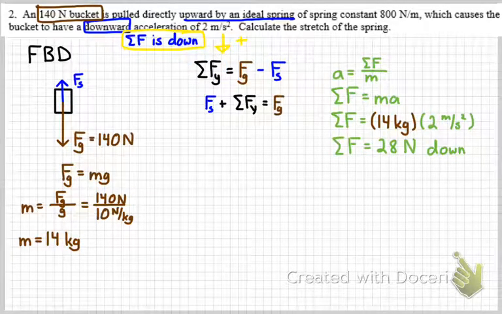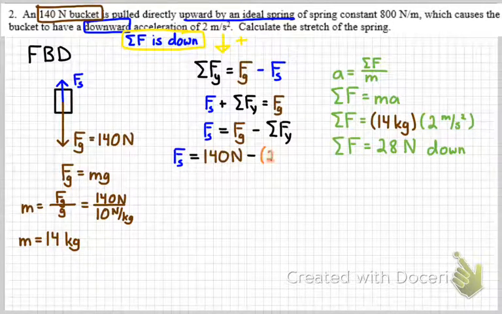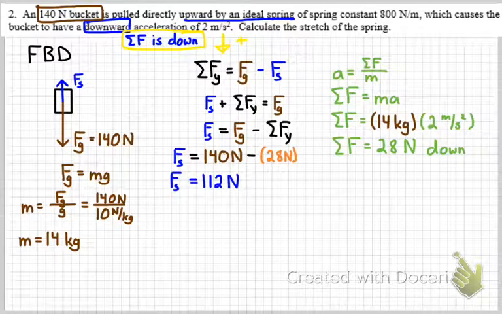So solving for the force that the spring exerts, when you're solving for a negative like that, I would just add it to both sides first and then isolate everything else over on the right side. It's the least likely way to cause a mistake. And so I know that the weight is 140 newtons. I know that the net force is 28 newtons, and so I subtract those, and I get 112 newtons.